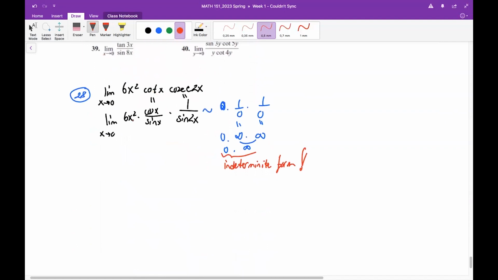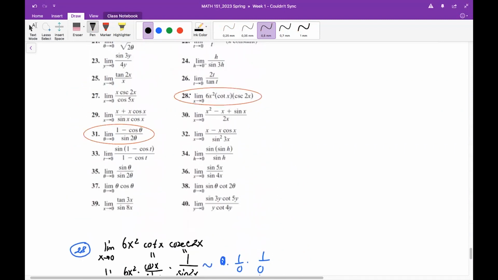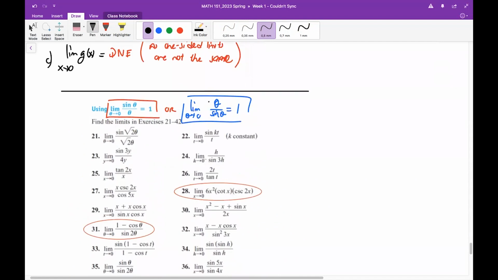Okay, I will write 6x squared. I will decompose it as 3x times 2x. Why do I decompose it like this? You will see. Okay, x goes to 0. I will send 2x to here. Why am I sending it to here? Because I want to use this rule. If I have 2x over sine 2x, I can use this rule.